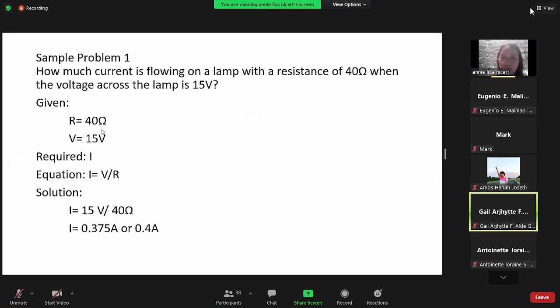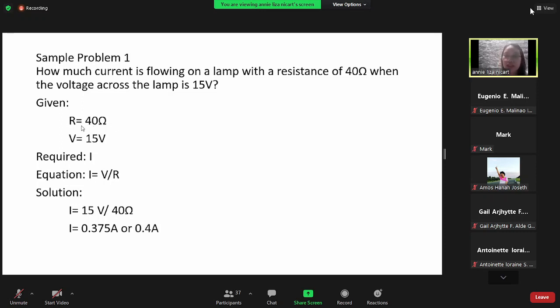So here we have 40 ohms, and the 40 has a symbol with it. You can look at the table of quantities for that symbol and find the quantity with that symbol. So ohm is resistance. In the given, you only write the symbol of the quantity and its value.